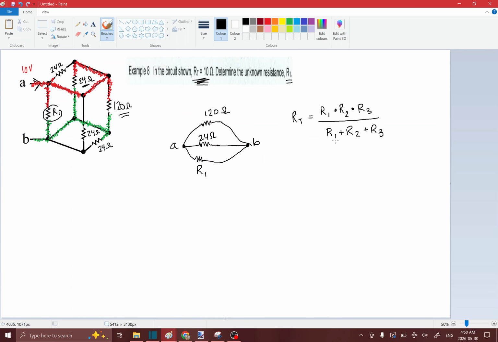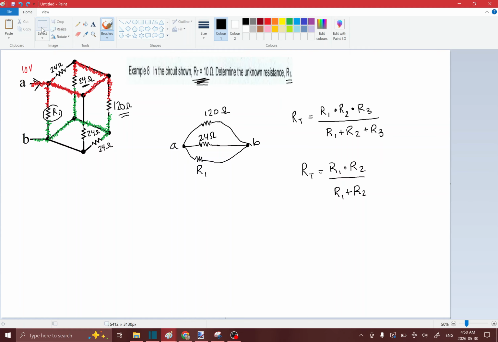This is just the general formula for parallel resistances. Generally use this equation, R1 times R2, and then R1 plus R2. But you can keep on expanding it if you have like multiple pathways.